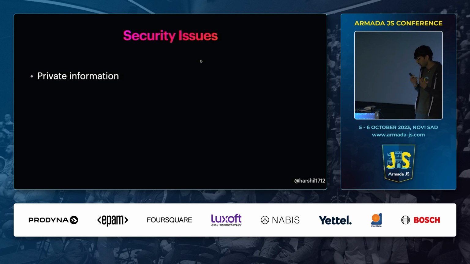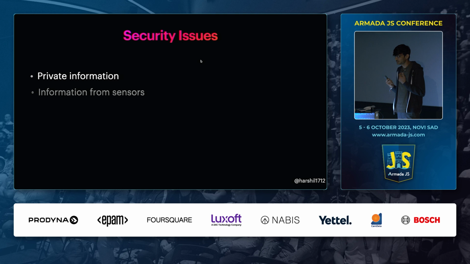It's not going to take a lot of effort for the bad actors to collect that information from your HID devices. And that's the same for your sensors. So if you're someone who is very enthusiastic about IoT or home automation, which I am, you might want to think again if you want to take the WebHID approach. Because again, you have sensitive information on your sensors. Do you want other actors to get access to that?